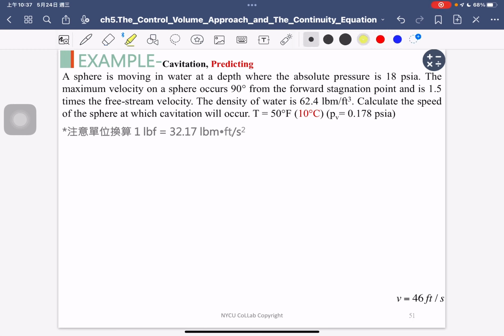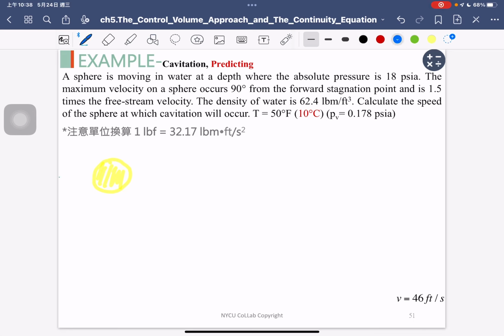So as you see, the problem is we have a ball, and we put the ball inside the water, and I can draw the streamline.